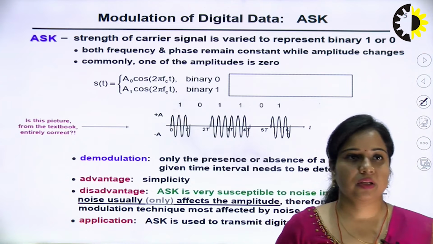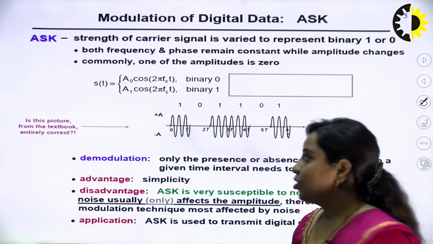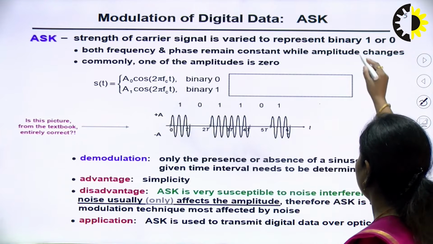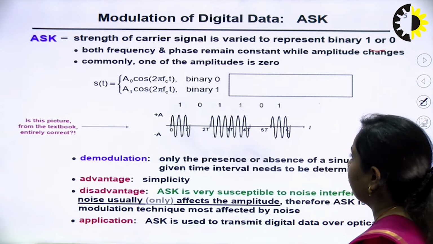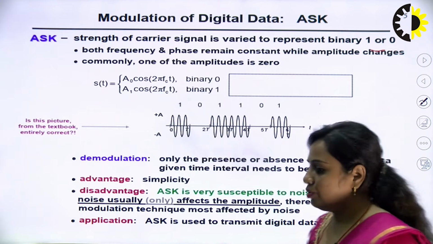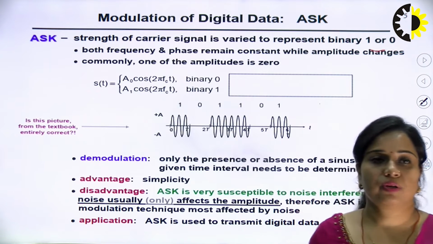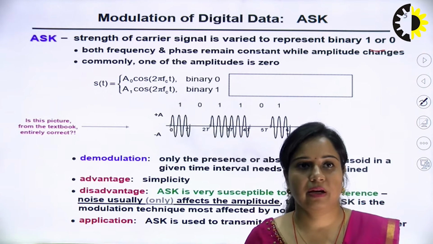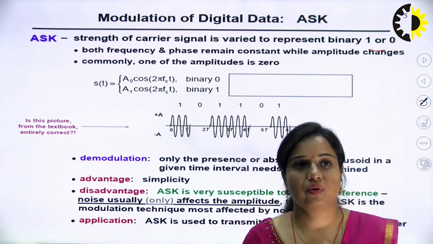Now, first we will see ASK in detail. In ASK, the strength of the carrier signal is varied to represent binary bit 1 or 0. Both frequency and phase remain constant. That is something you have to keep in mind: whether it is ASK, FSK or PSK, two of the parameters have to be kept constant.